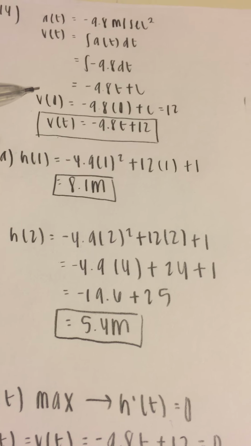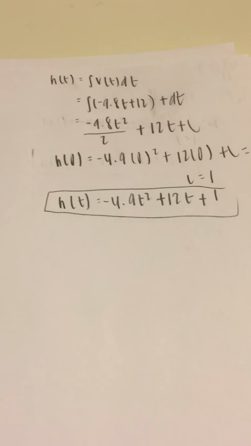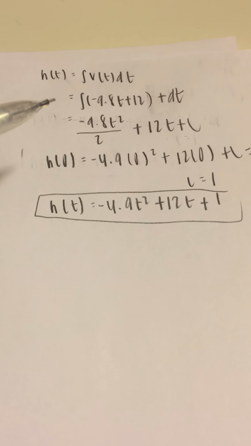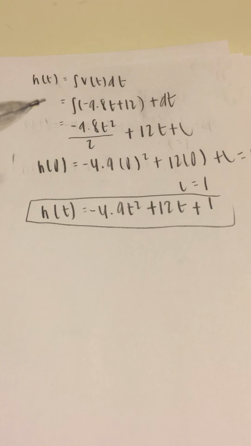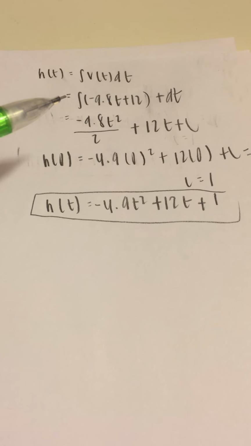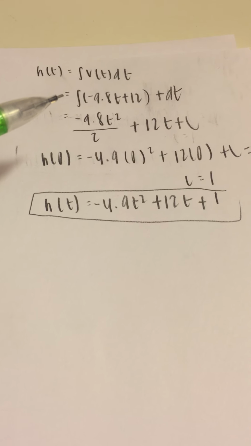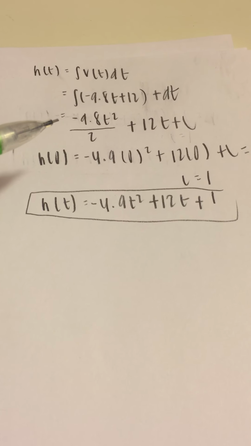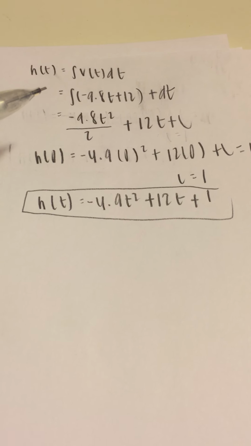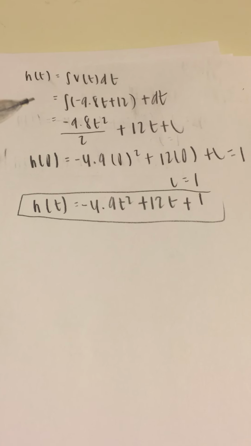as our velocity function. After finding our velocity function, we're going to find the height function, and to find the height function, we're going to have to use the velocity function that we had just found, and we're going to plug it into an integral, and then we're going to find the antiderivative of the velocity that we had just put in.